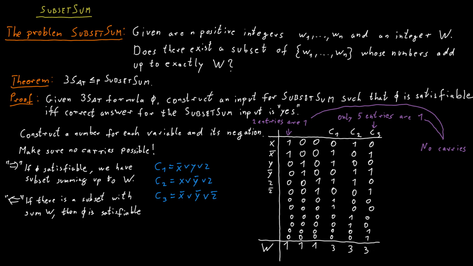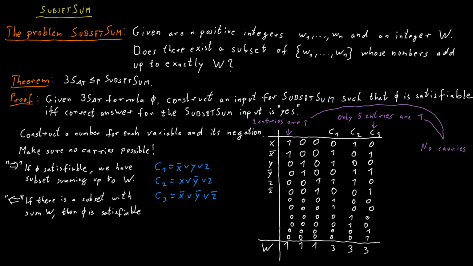And so to reach a value of 3, I would have to pick at least 1 more number, and this will be a variable or a negation of a variable that occurs in the clause, and therefore the clause is satisfied.